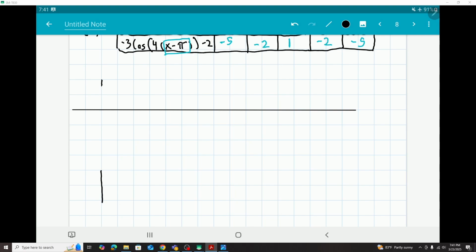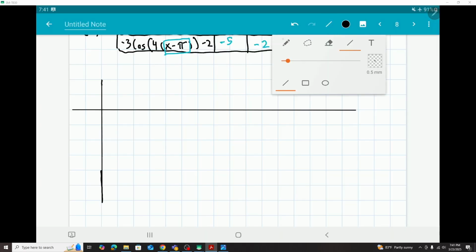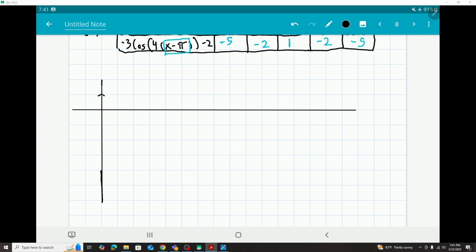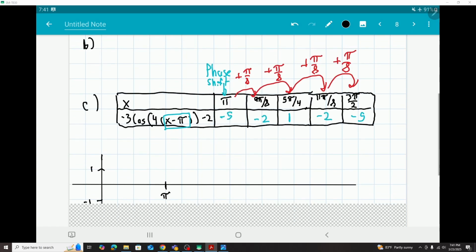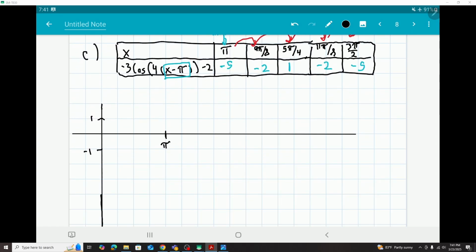While I'm there, I might as well do a vertical line too. And so these are just going to be ones. And let's say this is going to be pi. That would make this 2 pi.